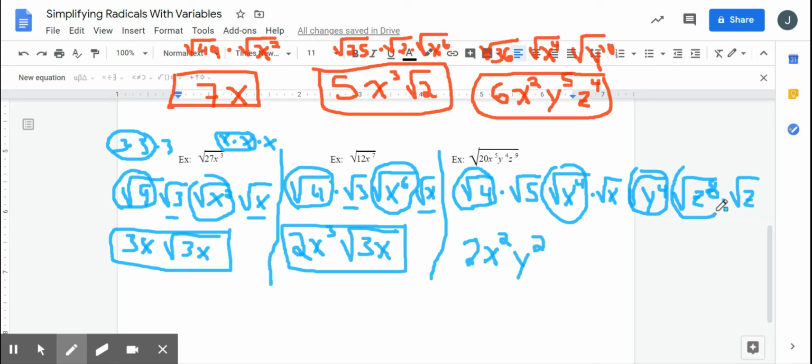And z to the 8th, 8 divided by 2 is 4, so I'm going to have z to the 4th. And that will sit on the outside of the radical. These are all your perfect squares. But what's left inside is going to join under 1 radical. So it's root 5 times root x times root z, which is just going to be the square root of 5xz. That is simplest radical form.